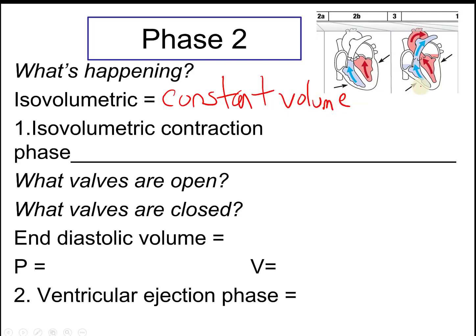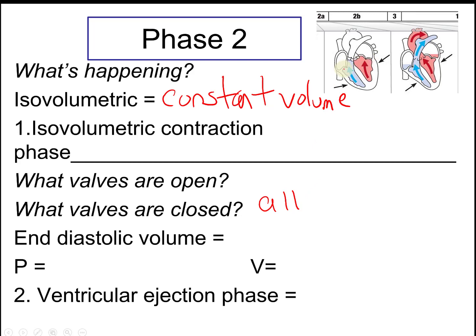Now, if we look at this picture up here, this is isolating this phase right here, the isovolumetric contraction phase. So what's going on here is you'll notice, first of all, which valves are closed. So if you said all of them, you're correct. The semilunar valves are closed and the AV valves are closed.